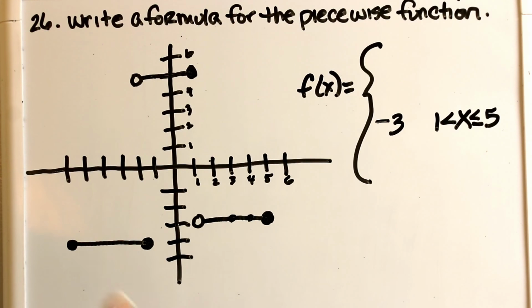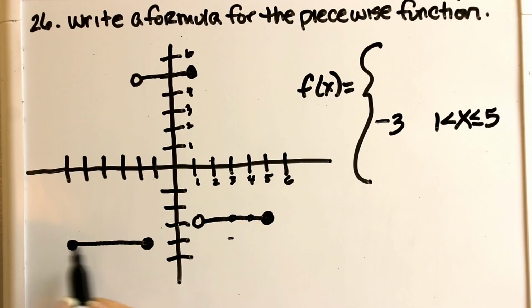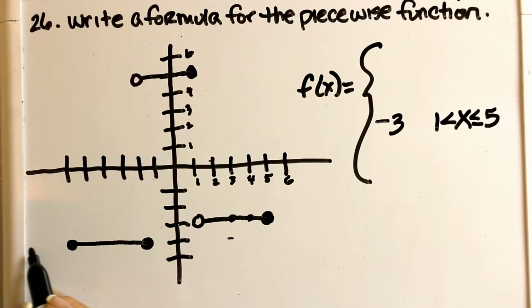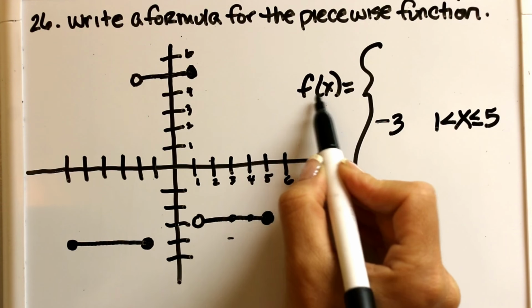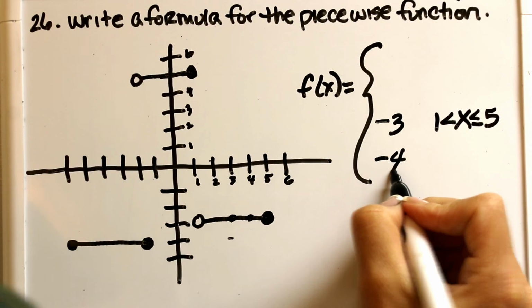Going on to our next segment, this one here, if we extended this segment to make it a line, you would see it would cross the y-axis at -4. So this would be the line y equals, or f of x equals, -4.